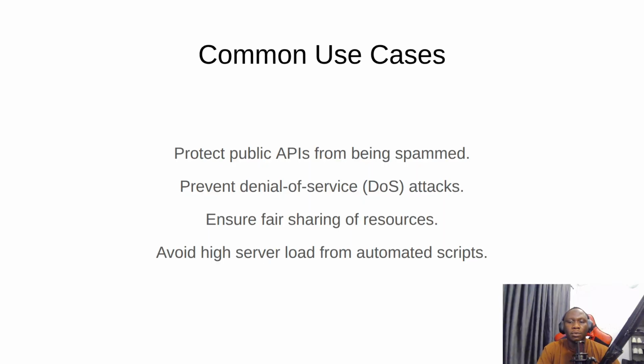We don't want a case whereby some users have better privilege of using the resources while others struggle to log in or use a service. Also, rate limits avoid high server load from automated scripts. Someone could create a script just to stress your server, to prevent your servers from running over time.